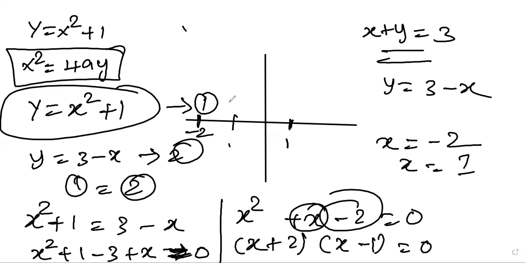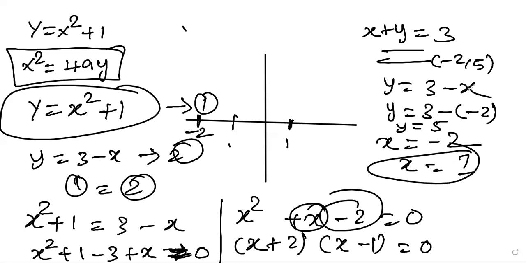So substitute these values in the y equation, we'll be getting the values of the y coordinates as well. If you substitute x is equal to minus 2 in the y, it's going to be 3 minus of minus 2, which will give you 5. So you're getting minus 2 comma 5. And substitute 1 there.